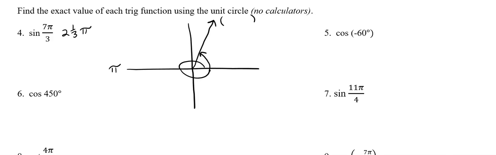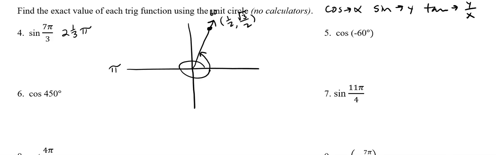And the ordered pair for that angle, the 60 degree or pi over 3, is the x-coordinate where that angle hits the unit circle. It's 1/2 for the x, square root of 3 over 2 for the y. And we already learned that cosine is the x-coordinate, sine is the y-coordinate, and to make tangent, we have to do the division of y over x.